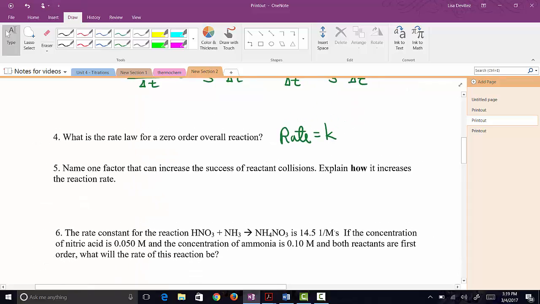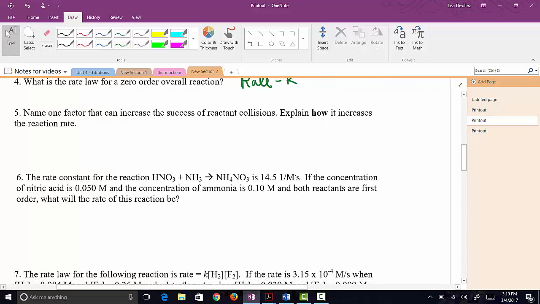Okay? It says name one factor that can increase the success of reactant collisions and explain how it increases the reaction rate. Well, I think the most obvious one is our temperature. So if we increase the temperature, that does actually two things, is that it increases their kinetic energy, all right, which is going to increase my collision frequency.